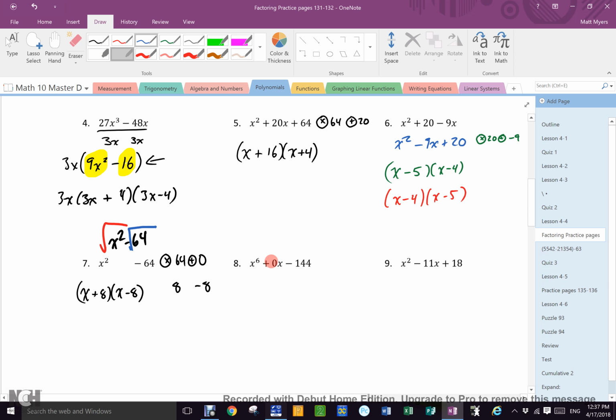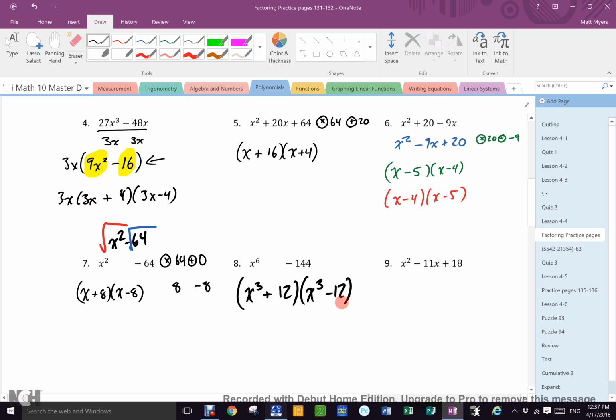The 0. Oops. So now I have, hey, wait a minute, that's not x squared, that's x to the 6th. Of course you can square root it, because when you square root it, you get x cubed, don't you? So this would be x cubed plus what? 12. And x cubed minus 12.